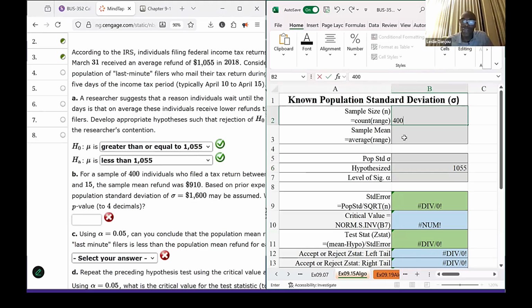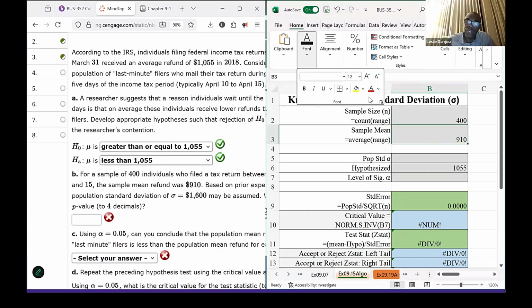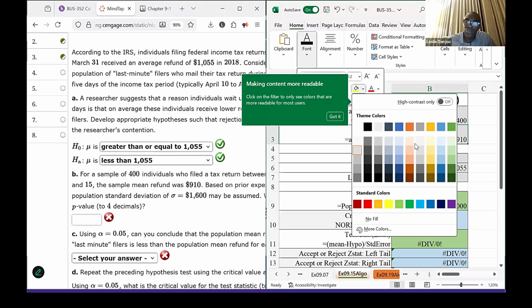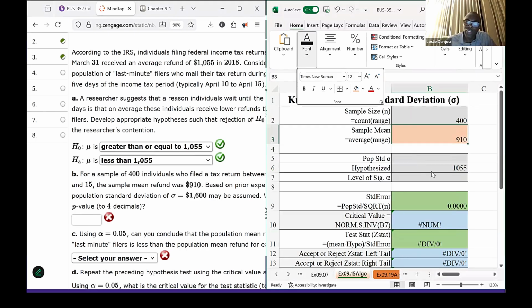Here is your sample mean. Their sample mean is 910. Ultimately, what you're doing is testing these two. I'm going to orangify it so you can always have a visual of what the test is actually testing. These two numbers right here: your sample average and your population's average.